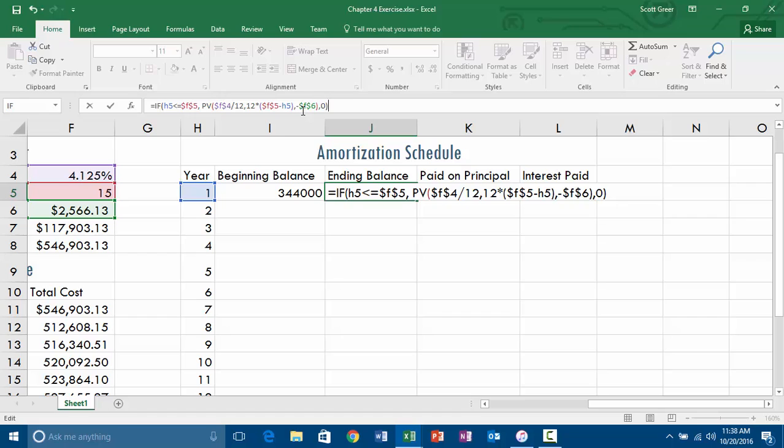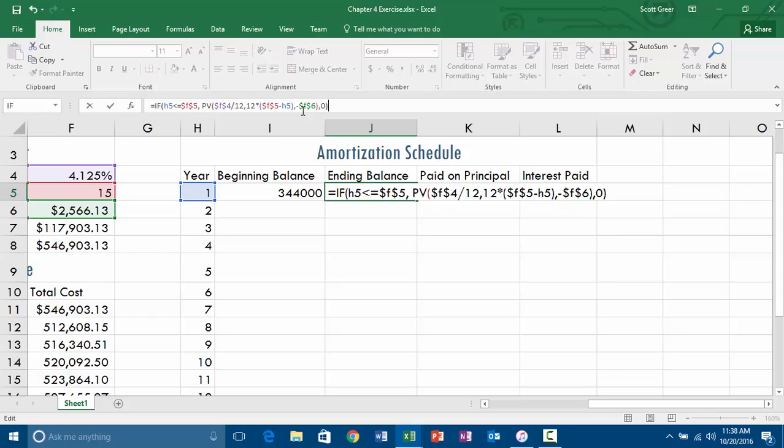The year. Okay, so I'm going to explain this formula really quick. If the year is less than or equal to the number of years of the loan, which is F5 over here, then I want you to give me the present value of the monthly payment times the rate divided by 12, multiplying that by the number of years minus H5, which was the year, so we're taking off the number of years, minus F6, which is the payment amount being made every month, comma 0 if it's not.